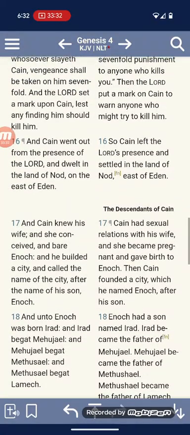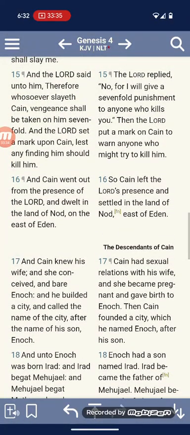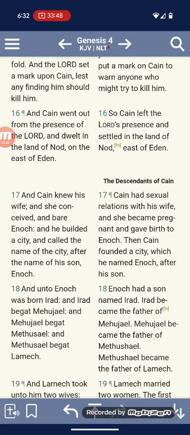It says, verse 16, Genesis chapter 4 and 16, it says, and Cain went out from the presence of the Lord Yahweh and dwelt in the land of Nod on the east of Eden. And Cain knew his wife, so he had taken a wife, and she conceived and bare Enoch, and he builded a city and called the name of the city after the name of his son Enoch.